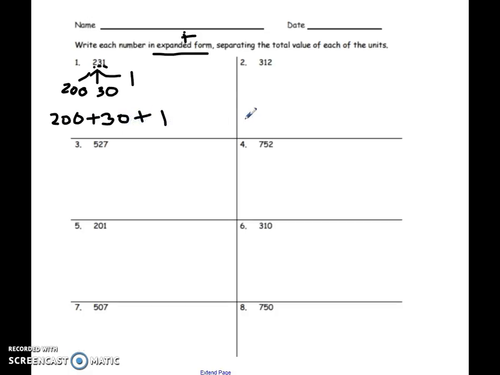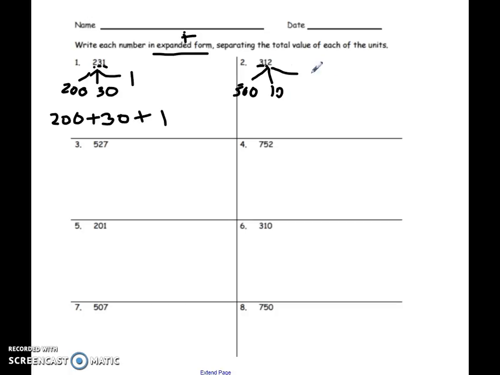Let's do one more of these problems together. So let's take a look at number 2. Number 2, my number is 312. I'm going to use a number bond to break up my number into its values. So here I have 3 hundreds, so I'm going to write 300. Here I have 1 ten, which is 10.